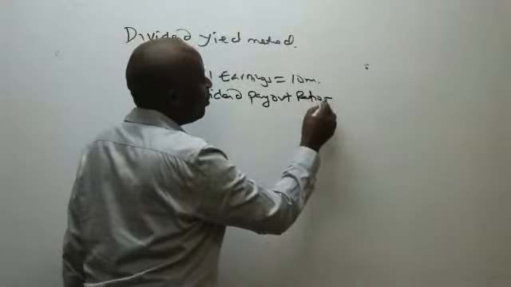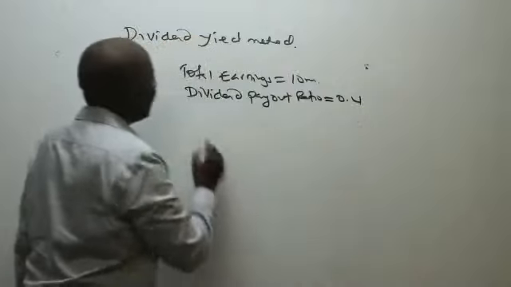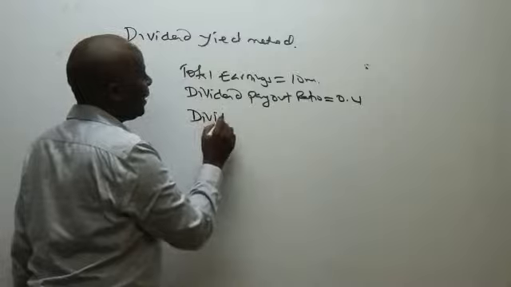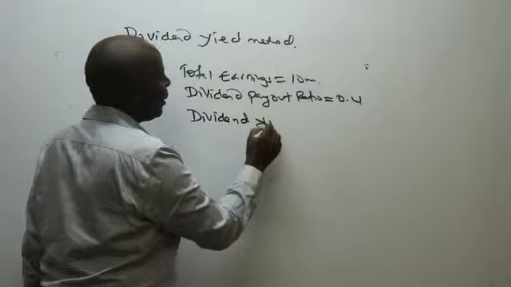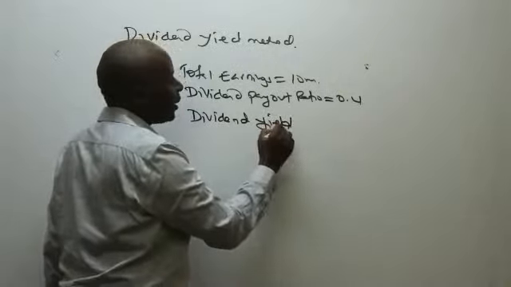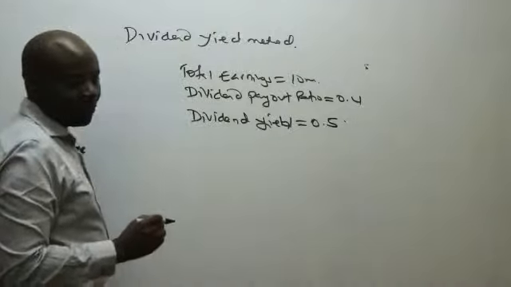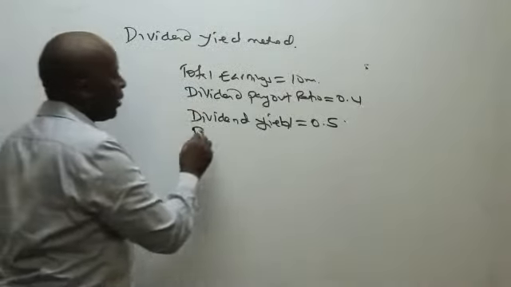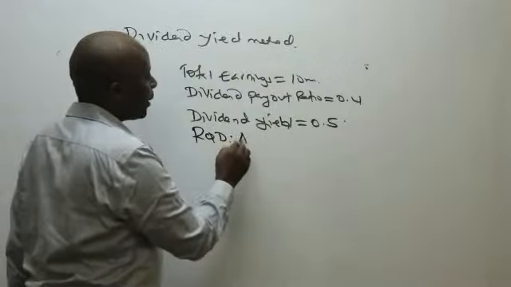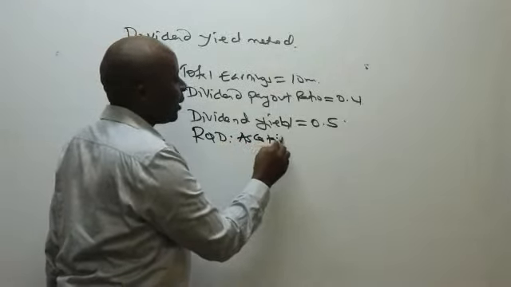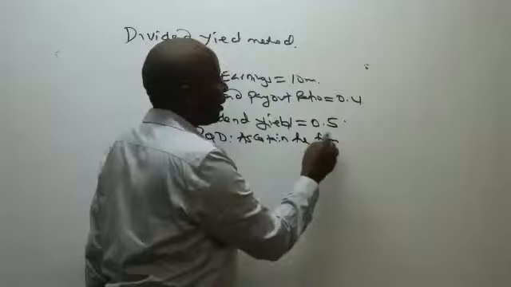Payout ratio is 0.4. And then they'll give you the dividend yield of 0.5. So you are required here to ascertain the firm value.